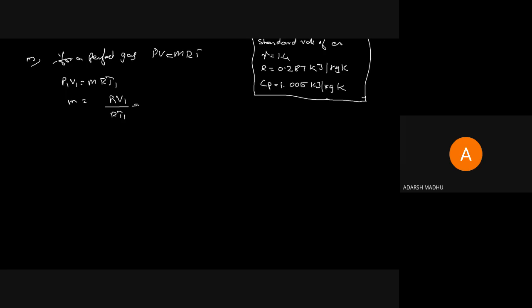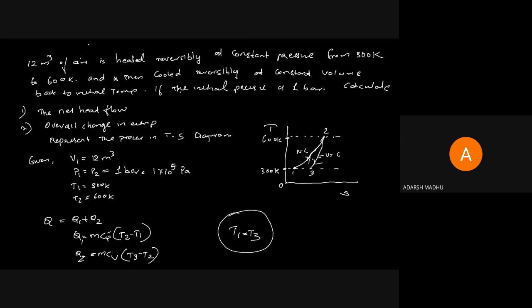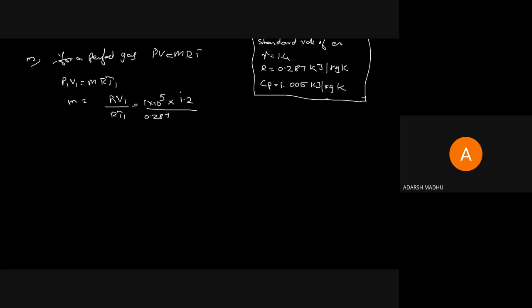P1 is 1 into 10 raised to 5, into V1, which is given as 1.2 meter cube, divided by R, which is 0.287. The volume is in meter cube. Here 0.287 is the standard value in kilojoule per kilogram Kelvin, right?